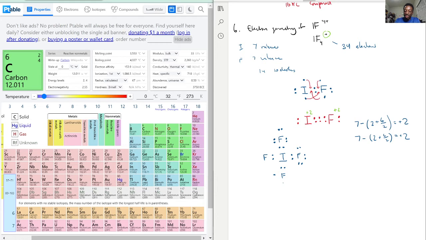Same here, 2, 3, 4, 5, 6, 7. And iodine is currently sharing 4 of its 7. So it will be 5, 6, 7.